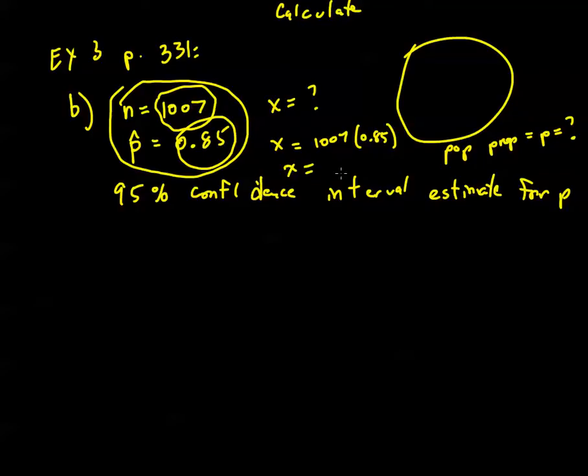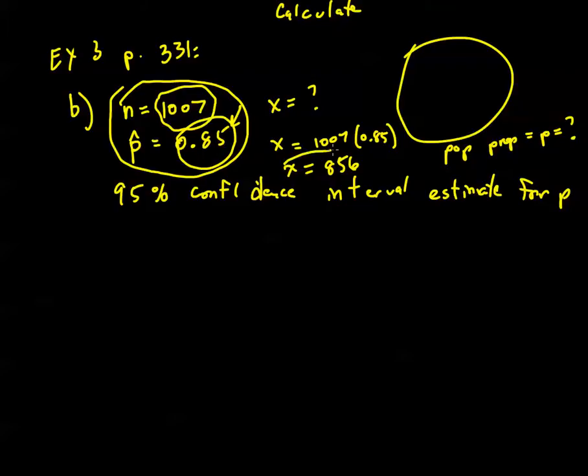So X, our raw count, is approximately 856. Let's round off to the nearest integer. Often when you're given percentages like this, your raw count will come out as not a whole number, so we'll just round off to the nearest whole number.